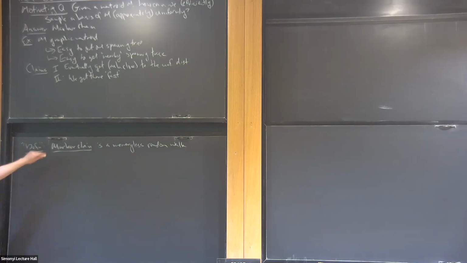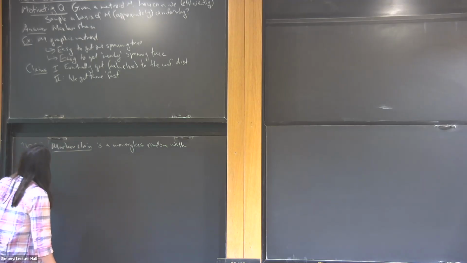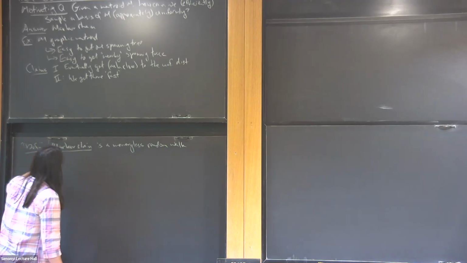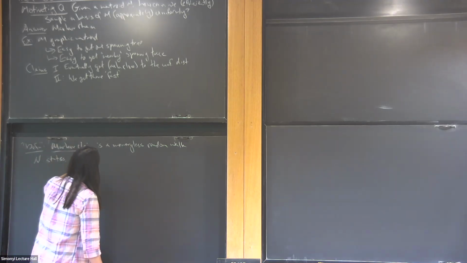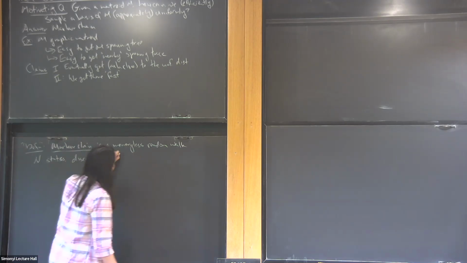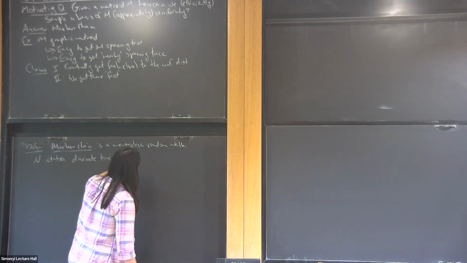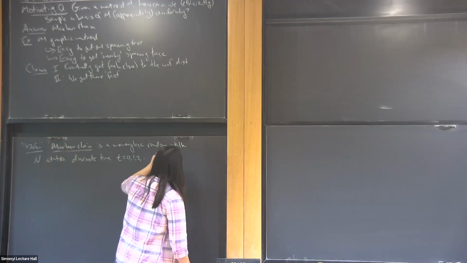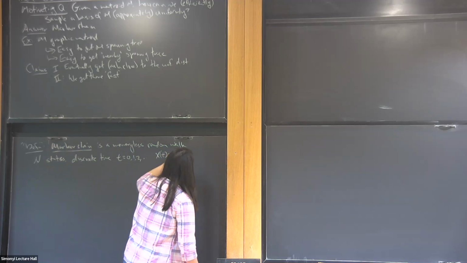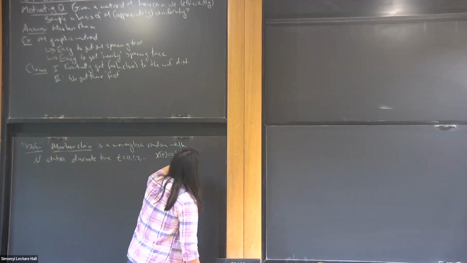Markov chains come in all sorts of flavors. There are people in probability who study these things for a living. But we are going to specifically be talking about Markov chains with discrete states and discrete time. So we're going to have n states. And we're going to have discrete time, just non-negative integers. And x of t is going to be our state at time t.